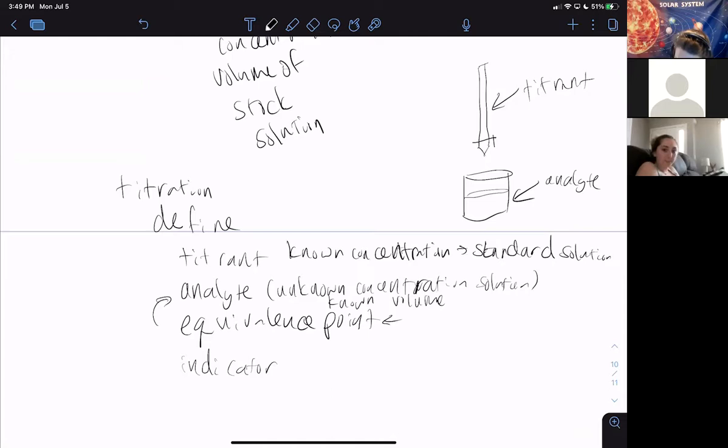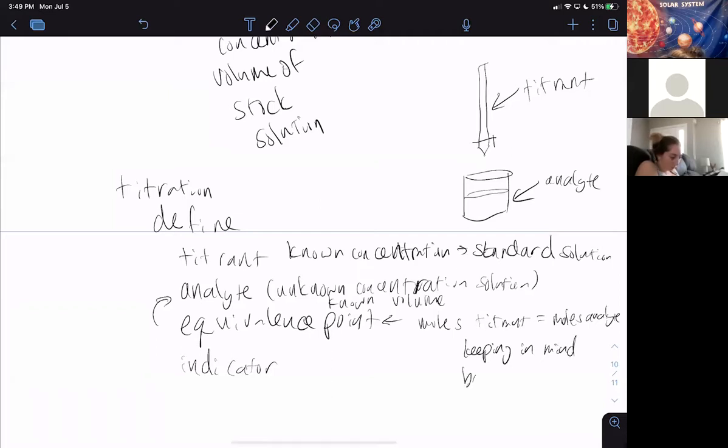So our equivalence point is when our moles of titrant is equal to the moles of analyte, keeping in mind a balanced equation.